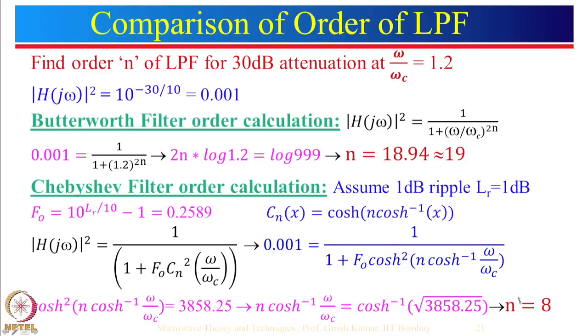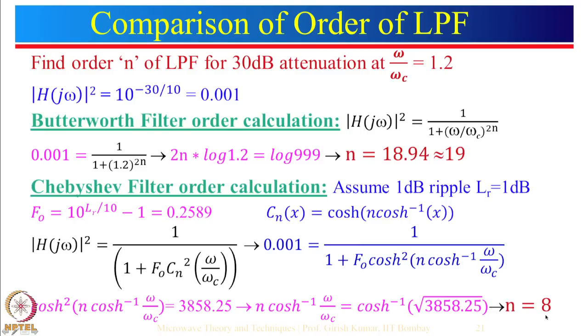Of course, I just want to mention here we had assumed ripple to be equal to 1 dB. Now, if it is 0.5 dB, you will see that the number of elements required will be more. Okay. So, this is an exercise for you people. Please take this as 0.5 dB ripple and see what would be the value of n. But you can see the big difference.